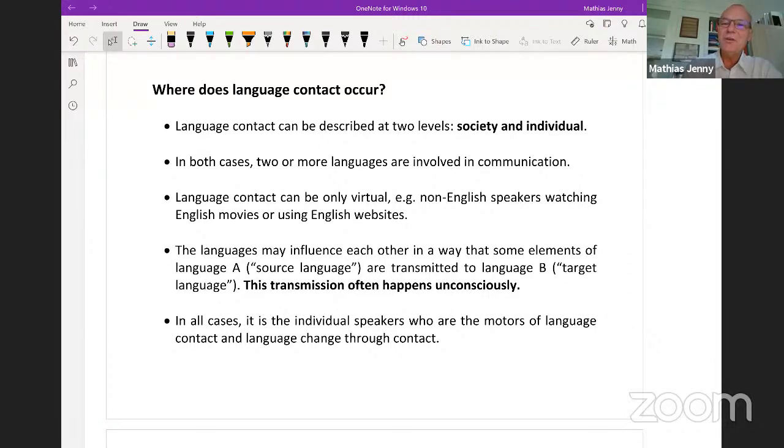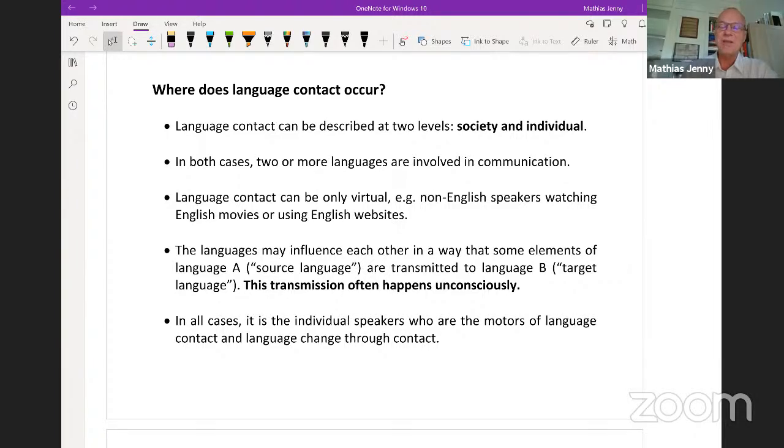All of you speak, understand, read, write English, at least to some extent. Many of you may never have been outside of Myanmar. Many of you may never have been to an English-speaking country. Some of you may not even have had interaction with English-speaking foreigners. So you don't need the direct contact for language contact.